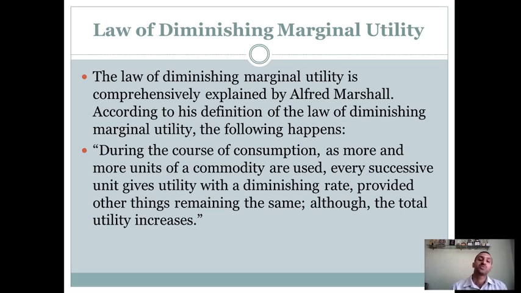Which means the other things will remain constant, that is the taste and the other circumstances will remain the same. Along with that, when a person consumes additional units of any commodity, it will give him less and less satisfaction. So as per the law, the additional unit of any commodity will give him less and less satisfaction.